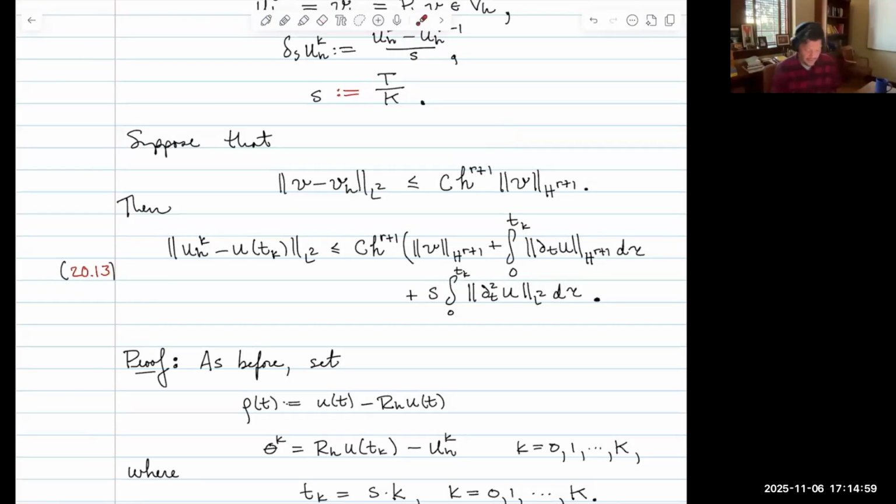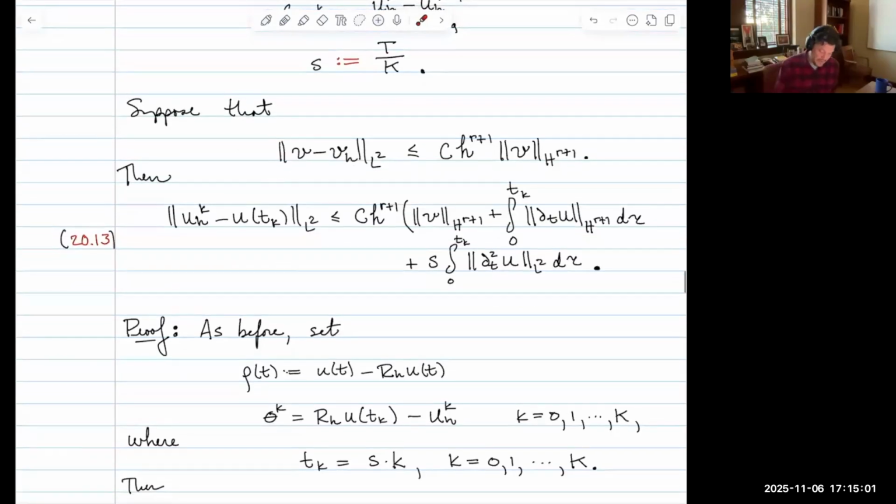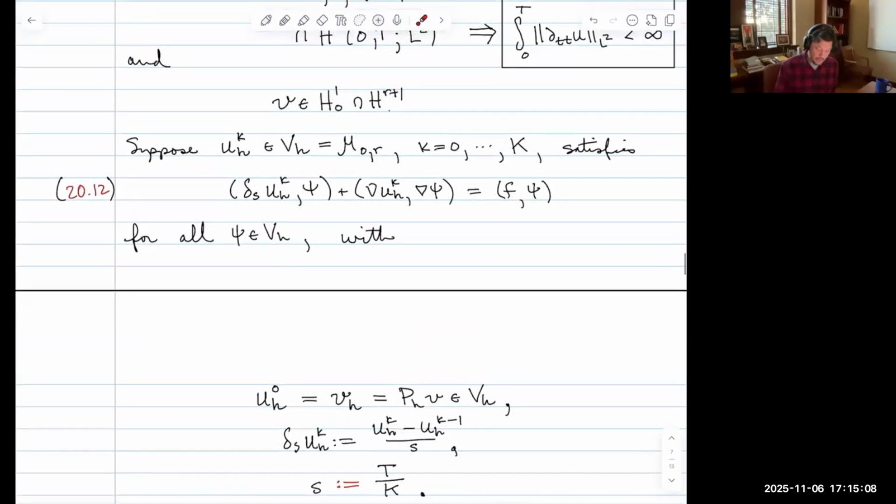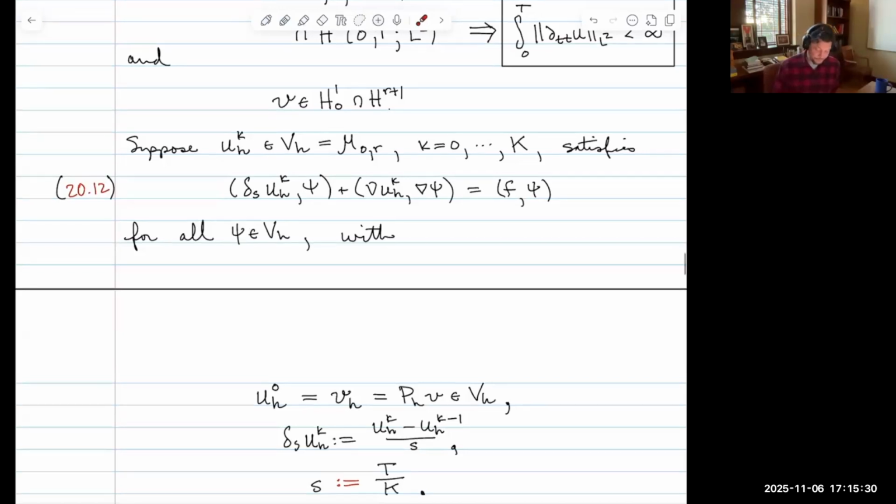Okay, if that happens, then this is how we're going to measure our error. U_h^k, remember in my backward Euler-Galerkin method, I have to compute these approximations not for every time, but for these punctuated times, these time intervals. k equals 0, k equals 1, up to capital K. I'm only getting a discrete number of those time values.